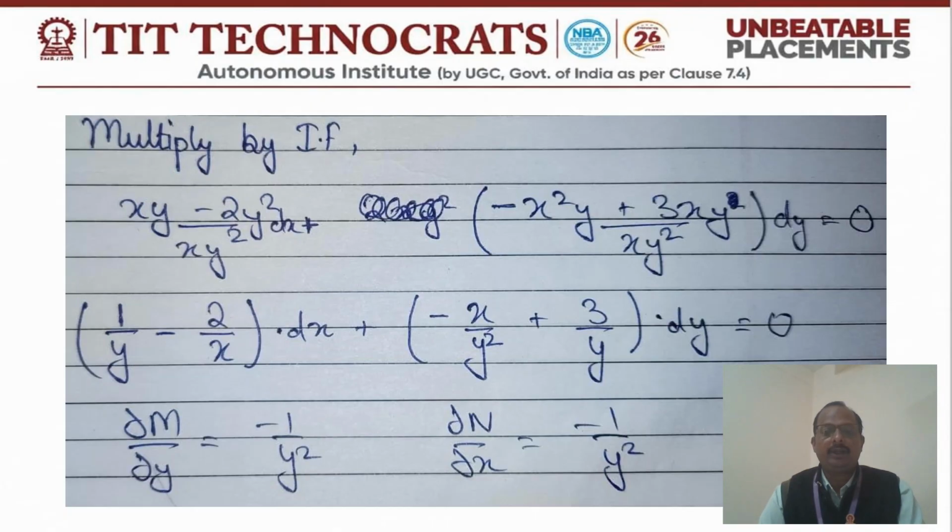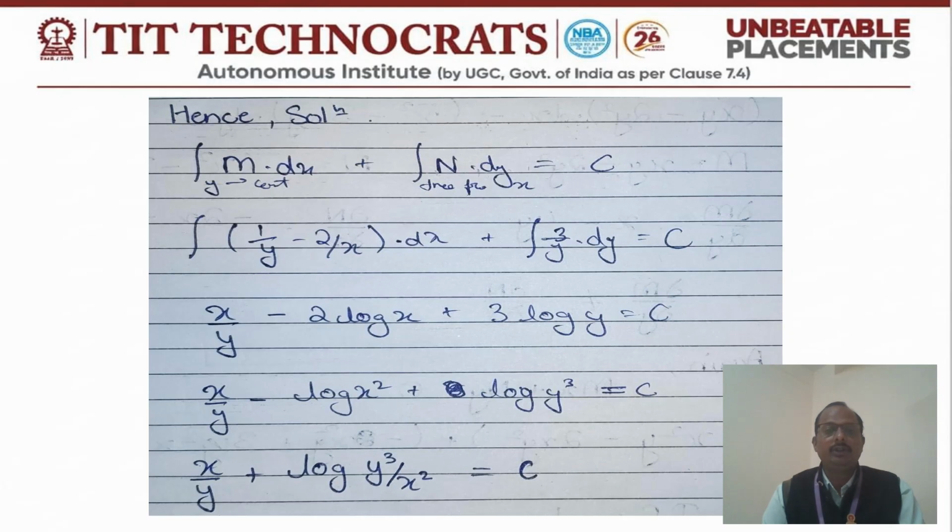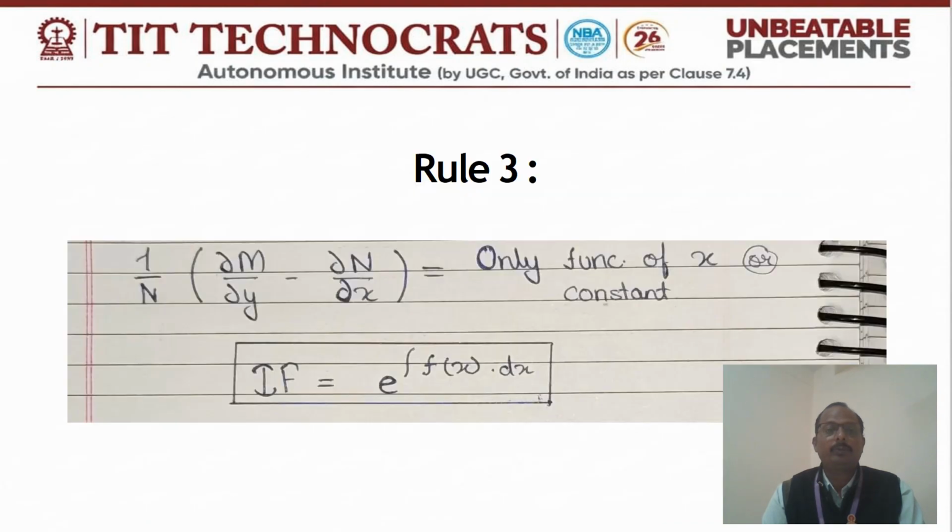So find m and n separately and get the values of del m by del y and del n by del x. Now you can see these values are the same. When you get the exact condition, then you have to follow the formula: integration of m dx keeping y constant, and the n dy terms free from x. By putting in the values, you can see the rest of the part is x by y plus log y cube by x square. So this is the simple example.